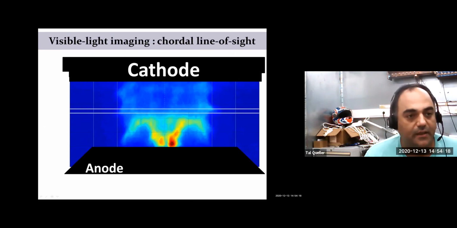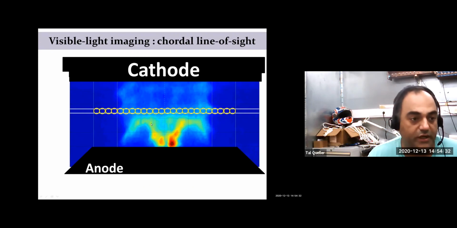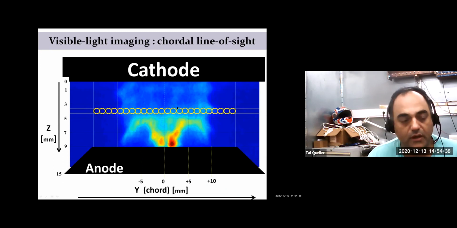This is our setup, the cathode, the anode, and this is the two-dimensional projection of the plasma cylinder. There's also somewhere in the middle, anywhere we want, we choose a Z position, and we also extract the spectra of the plasma.